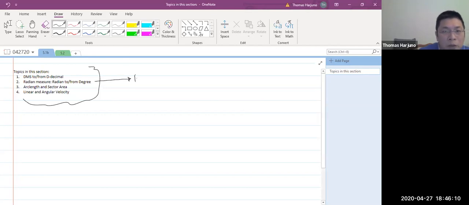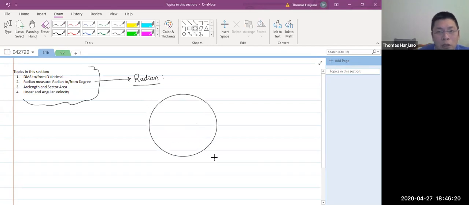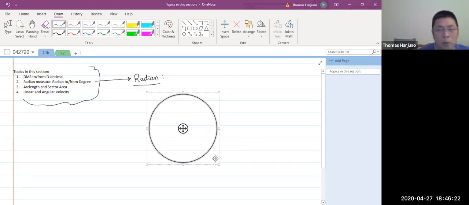Definition of radian measure. Radian. Now, what is radian measure? Suppose we take a look at a circle, and we have 2 radii from the center.